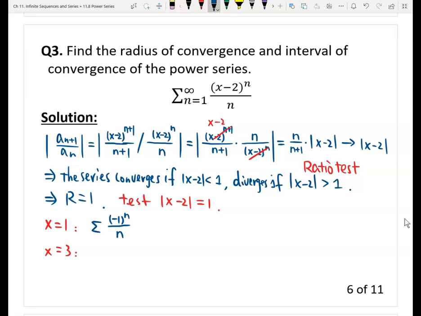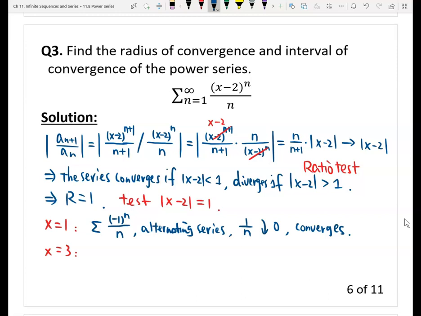This is an alternating series, we learned that before. The general term, the absolute value, is 1 over n, which decreases to 0. Therefore, by the alternating series test, this series converges. Does that make sense? Good. When x equals 1, the power series converges.